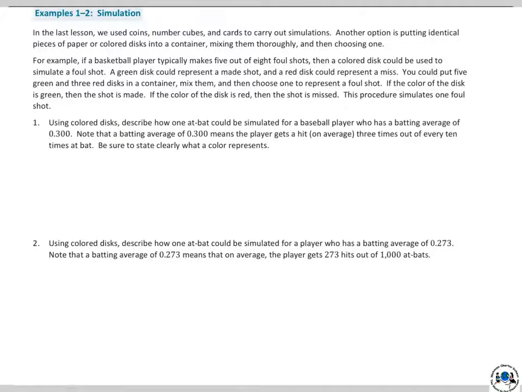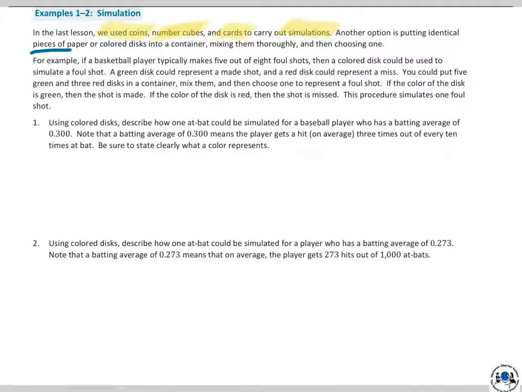In the last lesson, we used coins, number cubes, and cards to carry out these things called simulations. Another option is putting identical pieces of paper or colored discs into a container, mixing them thoroughly, and then choosing one.